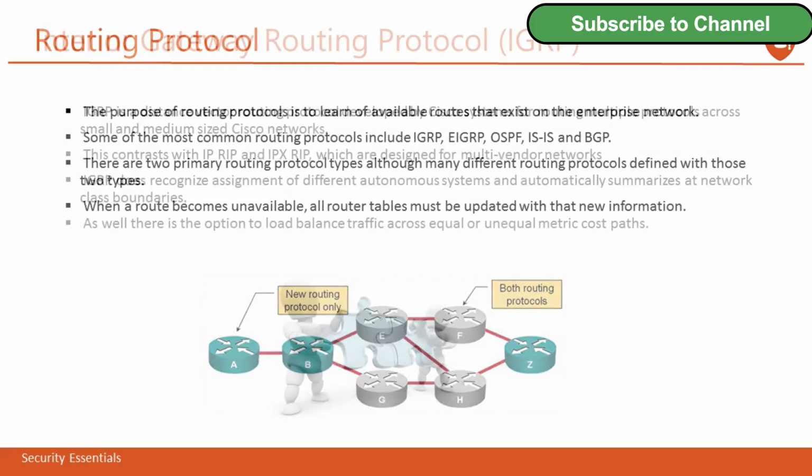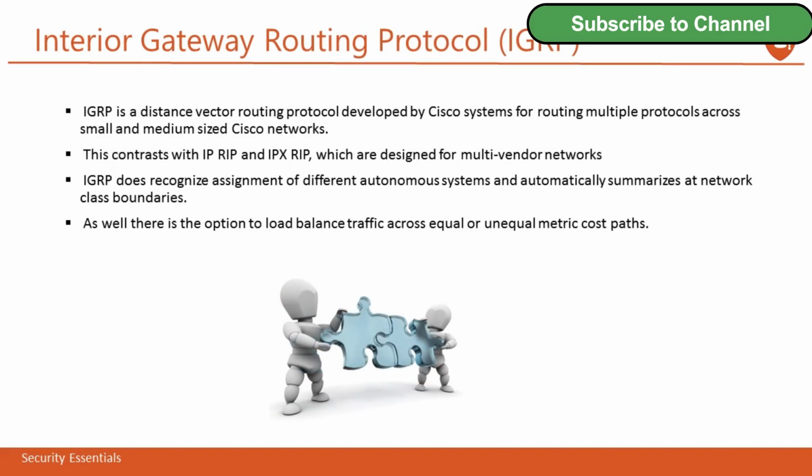Next is Interior Gateway Routing Protocol, IGRP. So we already know of IGRP, EIGRP, OSPF, IS-IS, and BGP. We're going to look at IGRP first, Interior Gateway Routing Protocol. IGRP is a distance vector routing protocol developed by Cisco Systems for routing multiple protocols across small and medium-sized Cisco networks.